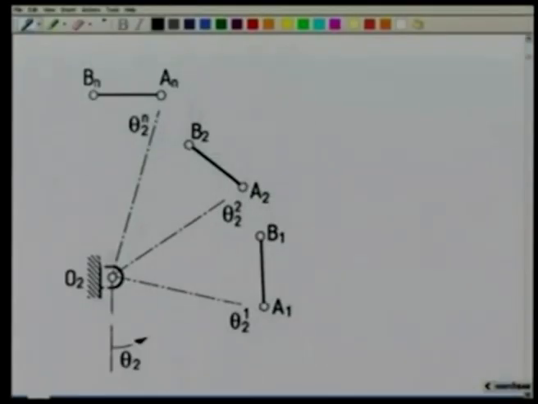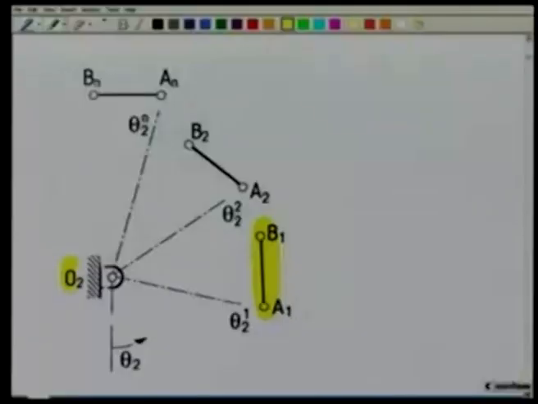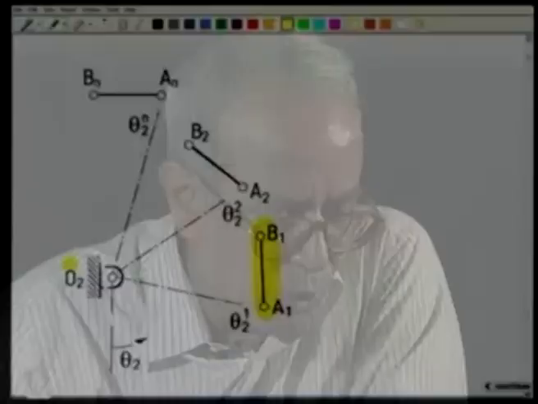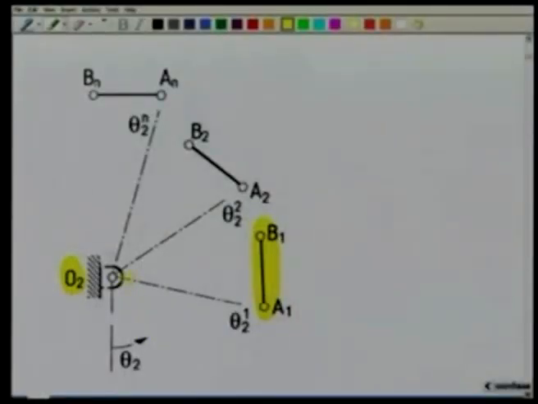Suppose we have a guidance problem which is coordinated with the input movement. Then the same coupler AB, when it takes up the first prescribed position A1, B1, I want the input link which is hinged at O2 to take up the position given by this line. That is theta 2, the angle made from some reference line, is the rotation of the input link O2A. So, this is the guidance problem coordinated with the input movement.